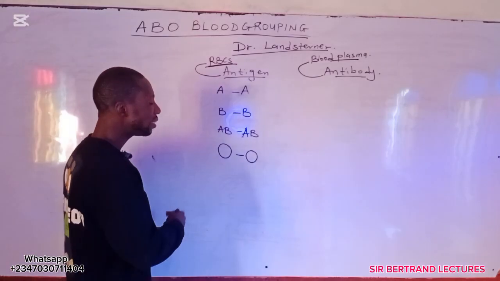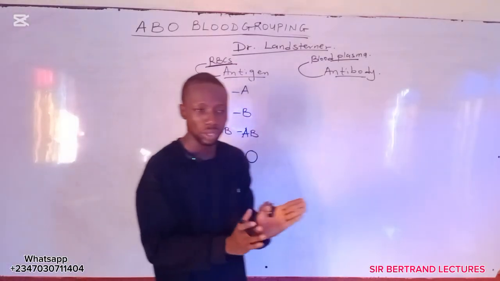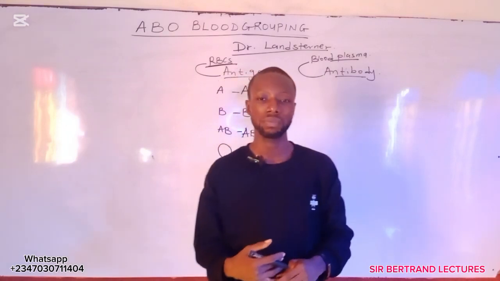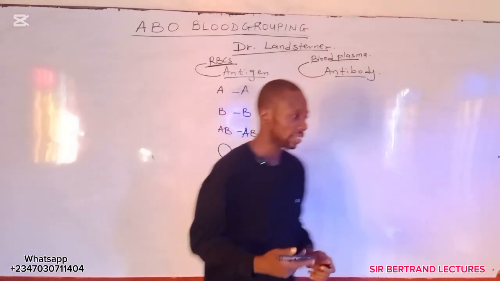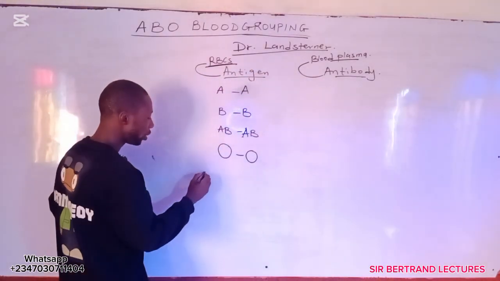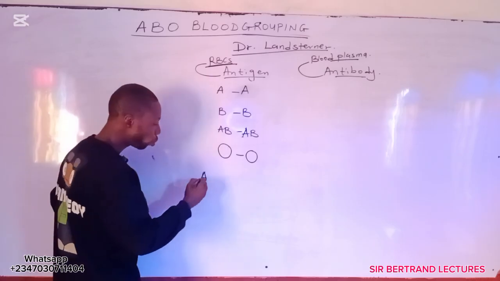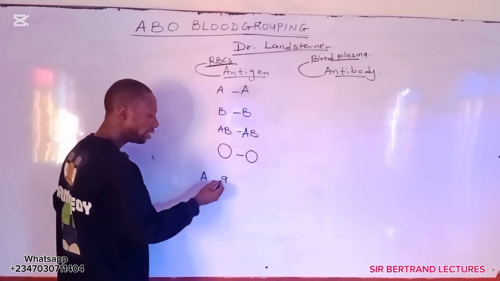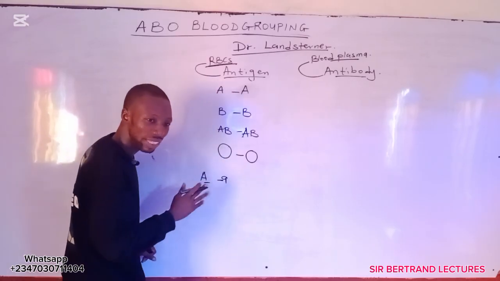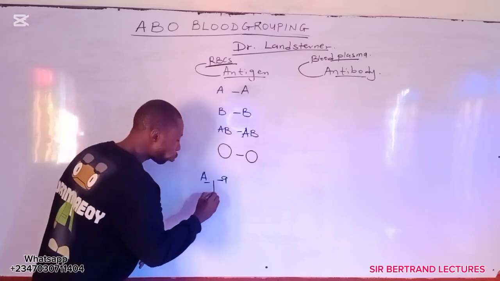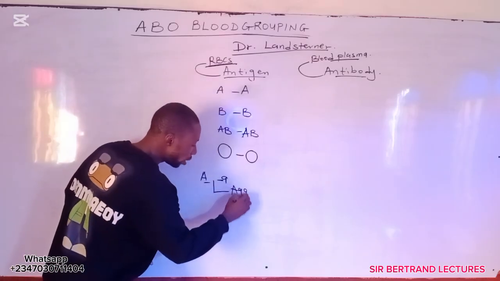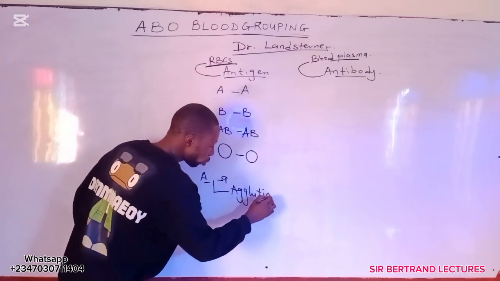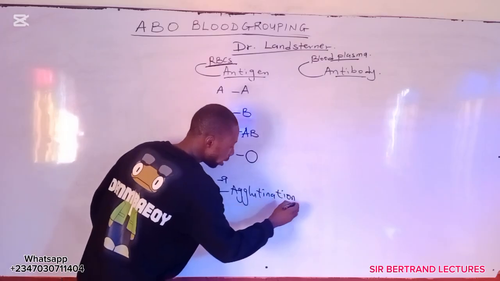Landsteiner stated that no individual must have similar antigen and antibody. Similar antigen and antibody cannot stay together in the same blood. That is, if a person has antigen A, the person should not have antibody A. They cannot stay together, as this will result in agglutination.